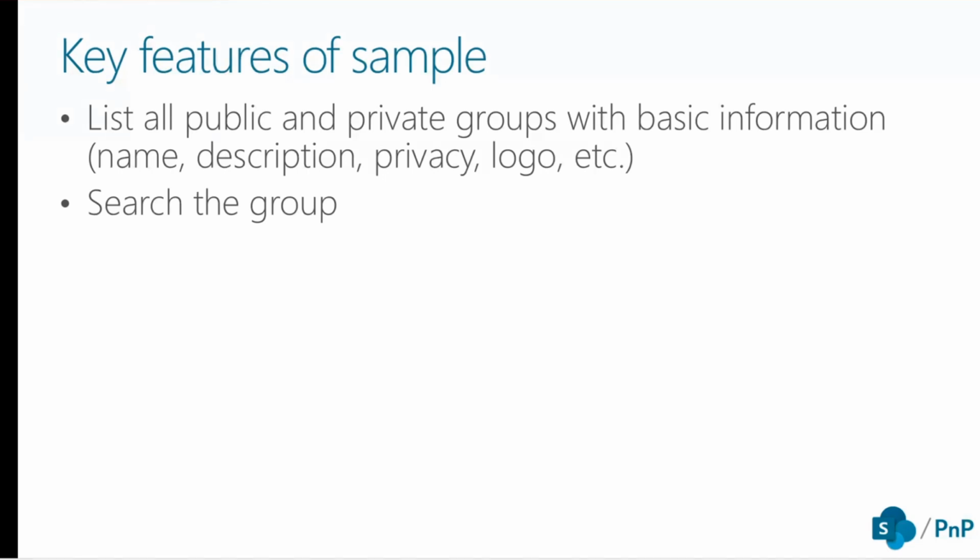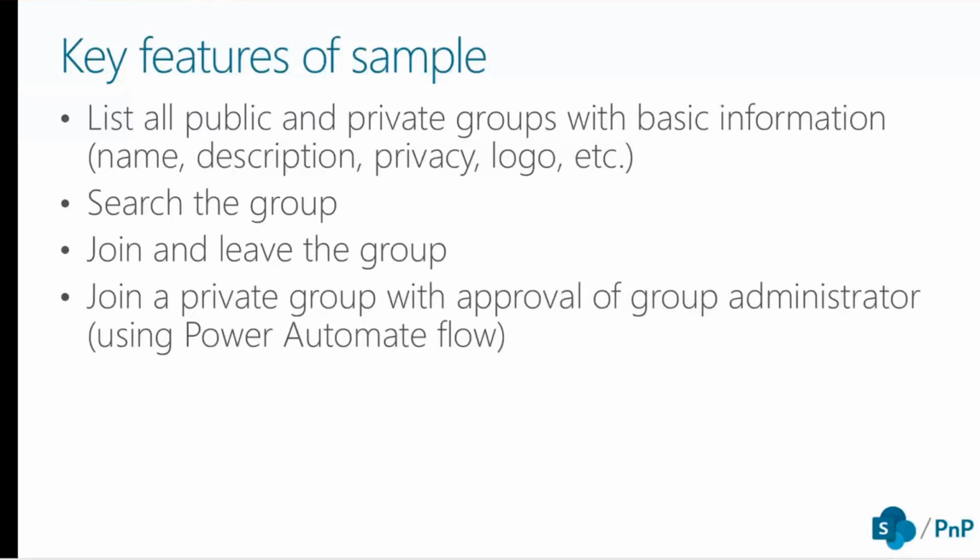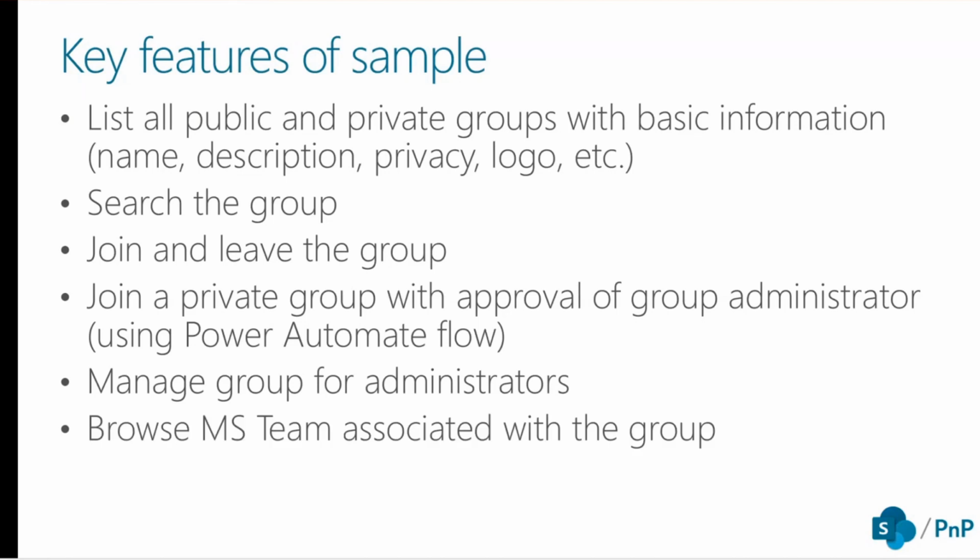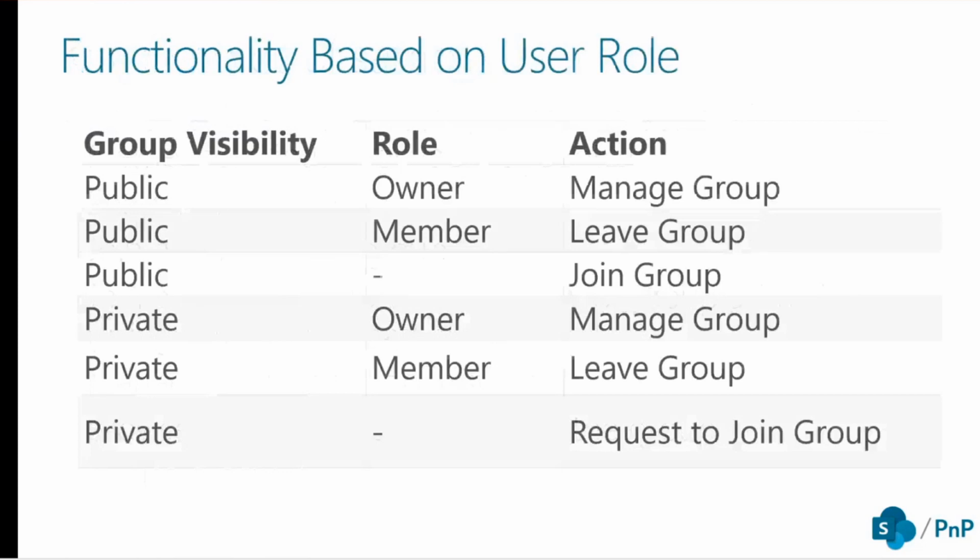We can join or leave a group from our SPFx web part, and we can join a private group with the approval of the group administrator, which is developed using a Power Automate flow. Administrators can also manage the groups, we can browse the Microsoft Team associated with that group, and lastly, we can set up a new group.